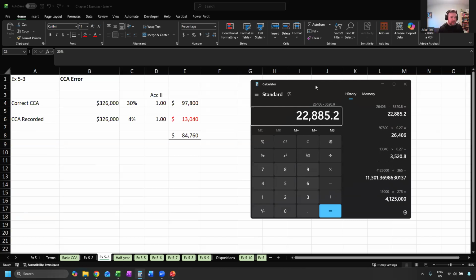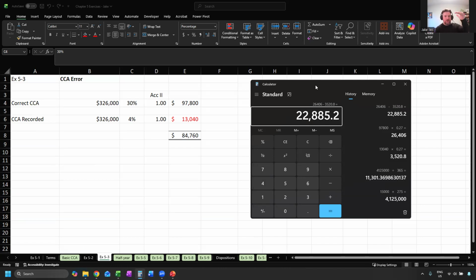So CCA rates are a big deal when doing business calculations or business taxes. Even though we will eventually pay this $22,885 in taxes, we can defer the taxes for now.